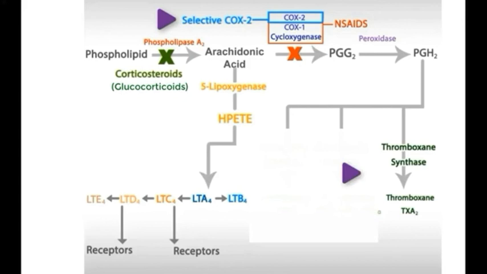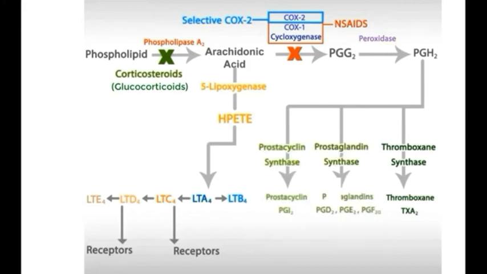So some important notes in this topic. Key points: cisapride is a 5-HT4 receptor activator used as a prokinetic in GERD, but it is a cardiac potassium channel blocker, that means K plus channel blocker, causing arrhythmias, so its use is contraindicated. Next, allopurinol is a hypoxanthine analog drug which, when used in gout, inhibits the xanthine oxidase enzyme and reduces uric acid synthesis.